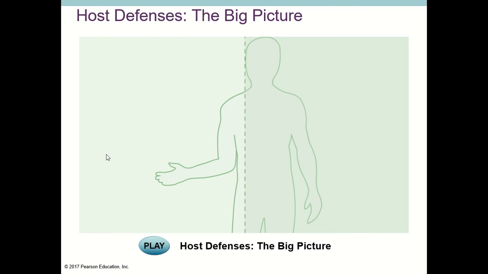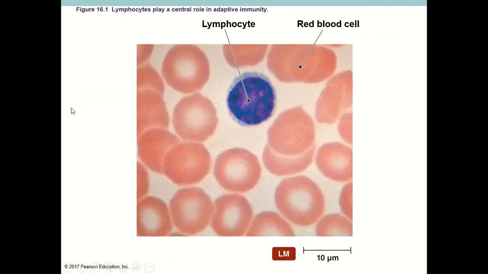Sorry, let me go back here. There are a few attributes of the adaptive immune system, and these are important for its functioning.